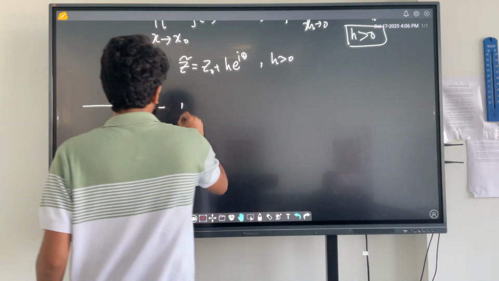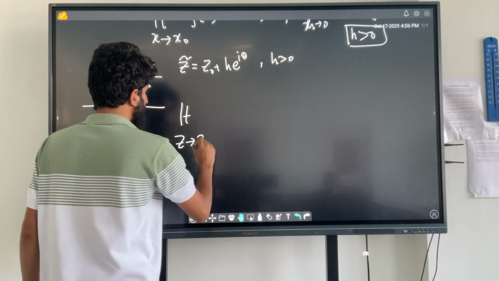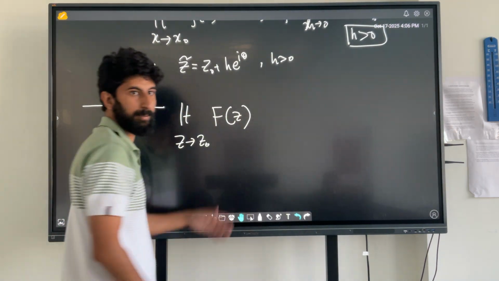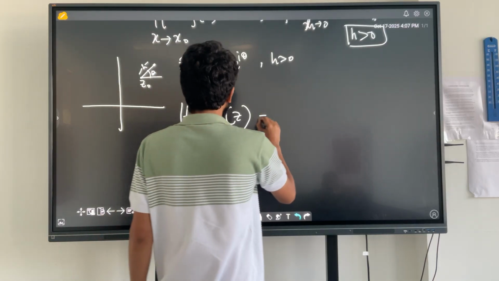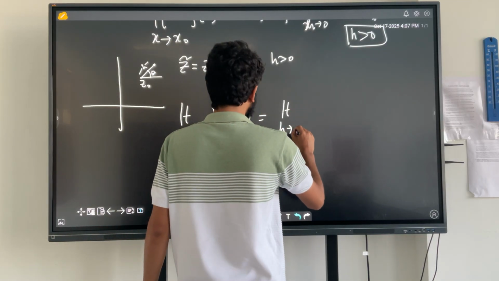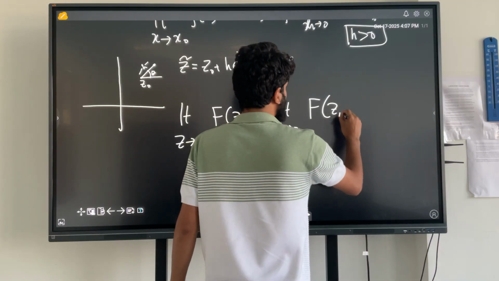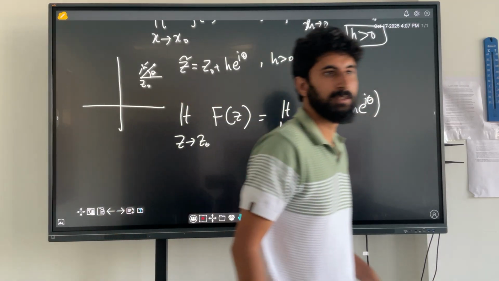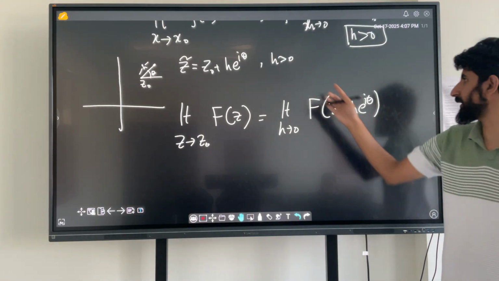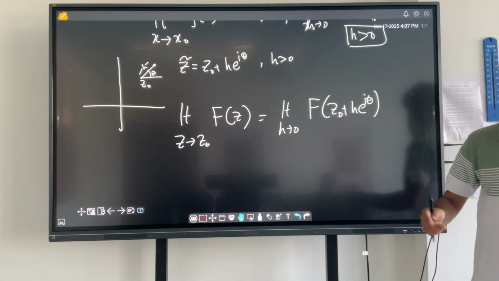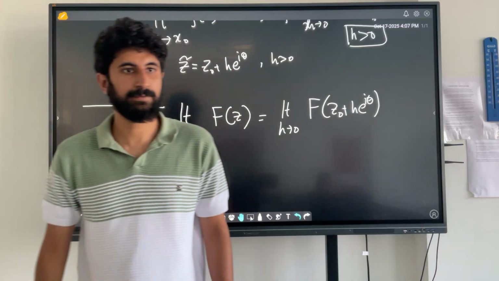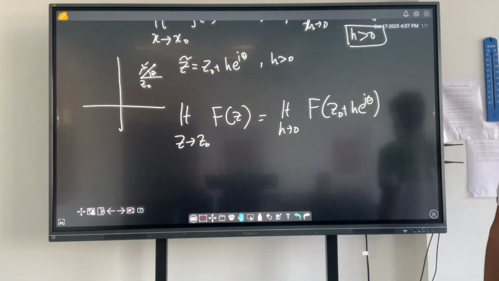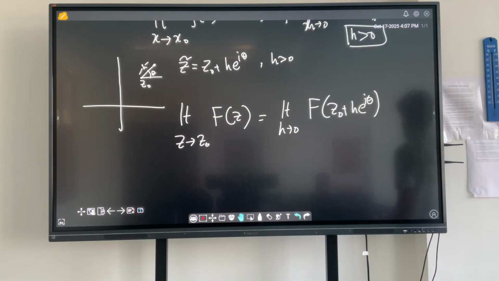So the limit as z approaches z naught of f of z should not depend on direction, which means the limit as h goes to 0 of f of z naught plus h e power i theta should be independent of direction. What quantifies direction here? Theta. It should be independent of theta. Once you do this operation, there should be no theta.